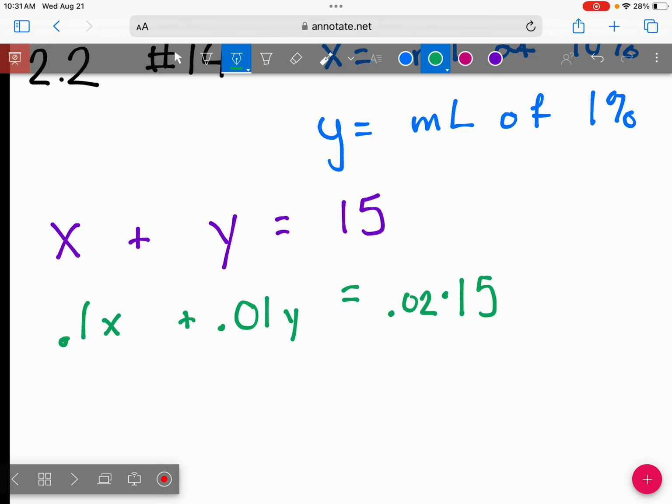Now we are solving however we'd like to do so. You can do this as a substitution, where I make my top equation either equal x or equal y, and substitute it into the bottom one. You could do this as an elimination. If you're going to do it that way, I recommend multiplying the bottom one to get rid of some of those decimals. You could multiply it by negative 10 in order to make your x's cancel out.